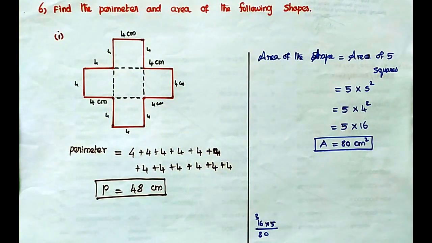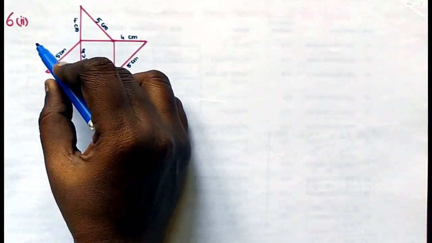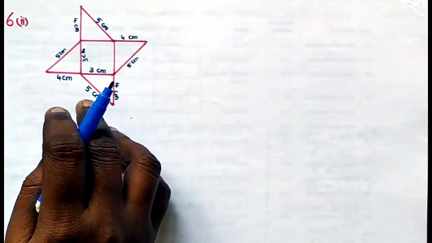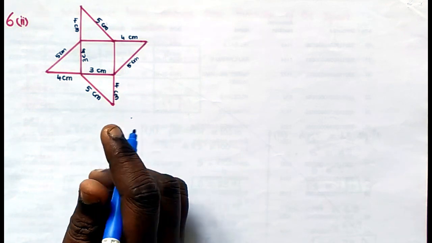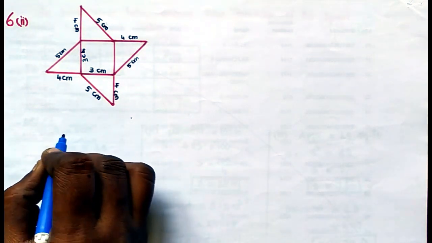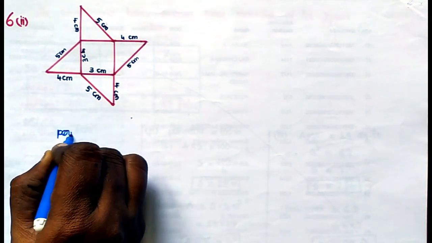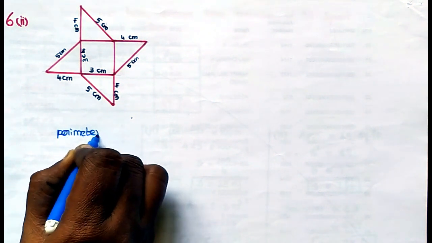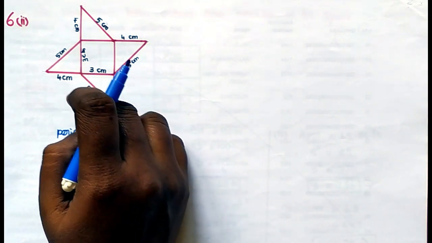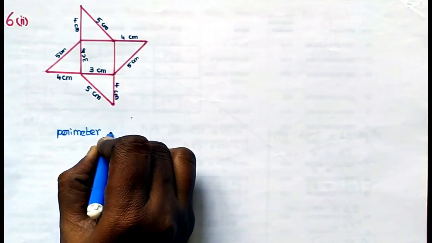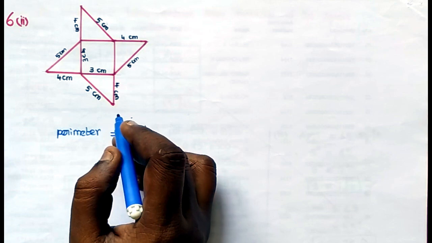That is the answer. Sixth sum, second subdivision. Listen to the figure. From that we have to find the perimeter and the area. What is perimeter? Summation of all sides. Listen here.